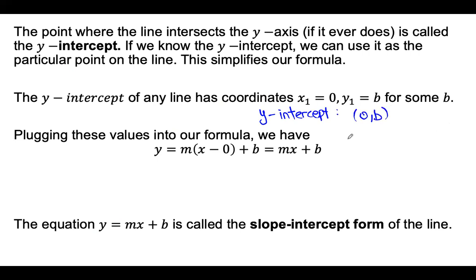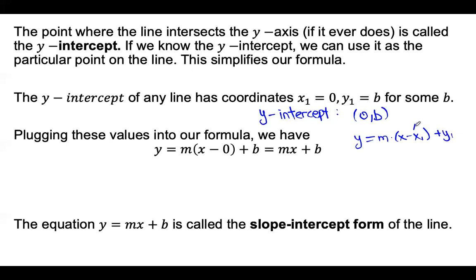Okay. So plugging these values into our formula, you're going to see that x1 is 0, and this is our b, and you get mx plus b. Essentially, you can do this yourself. Write it out just to convince yourself.